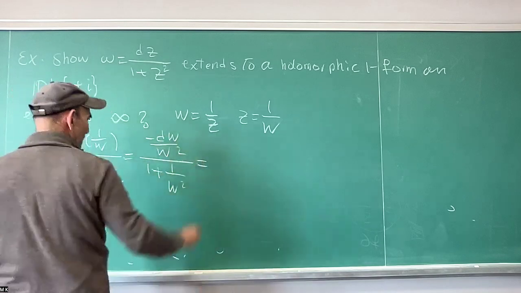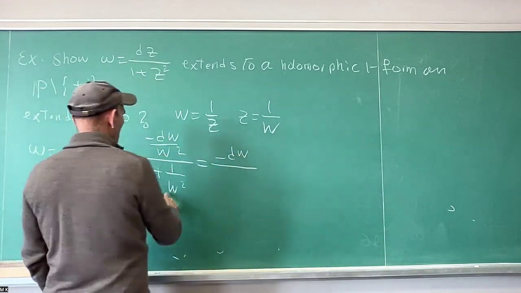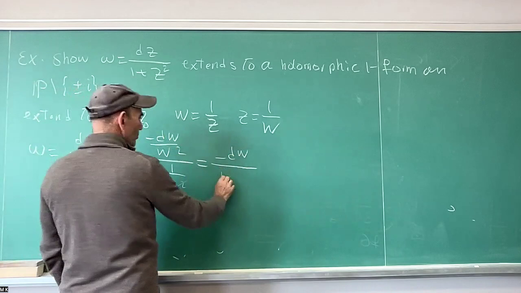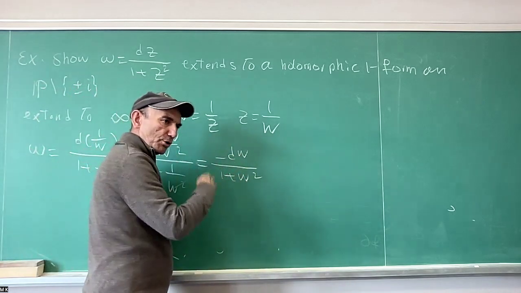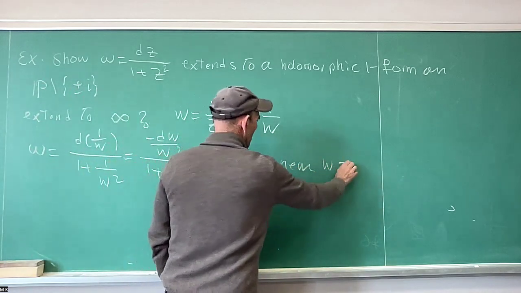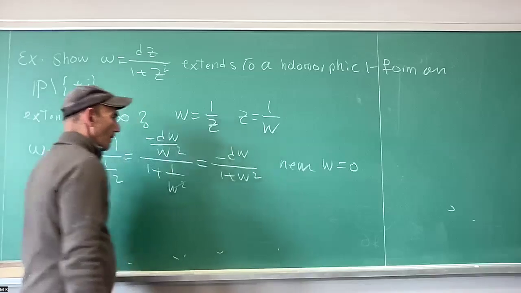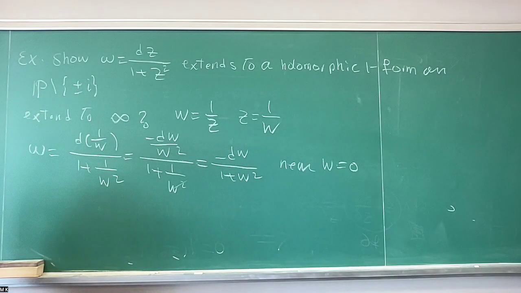So what is that? That's equal to negative dW over, this cancels, 1 plus W squared. So this is near 0. At infinity, it is of this form, where this one is near 0.